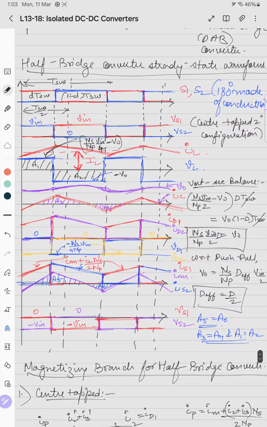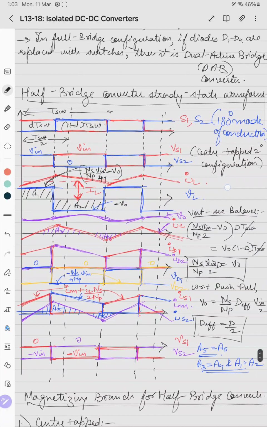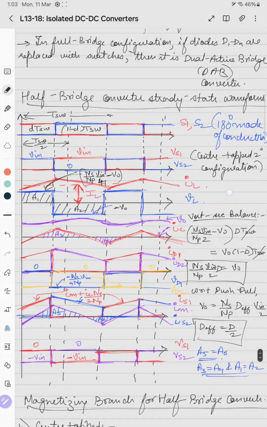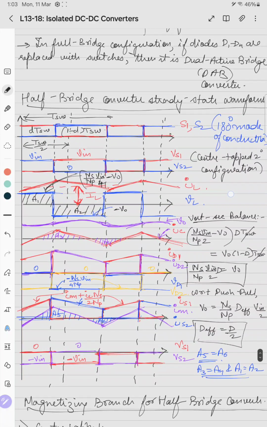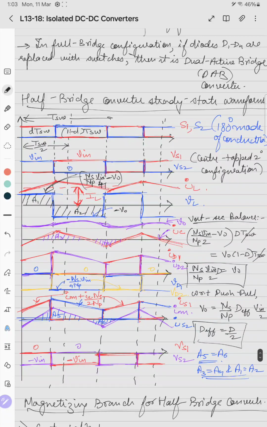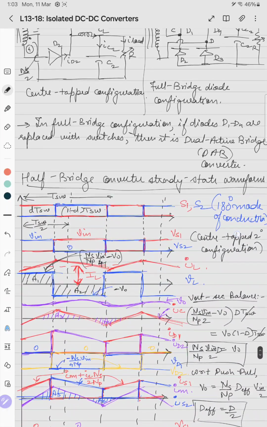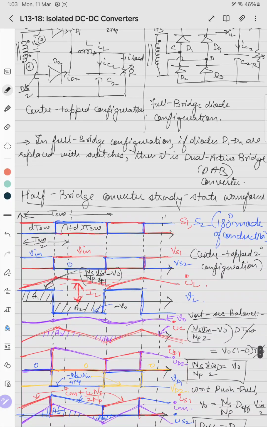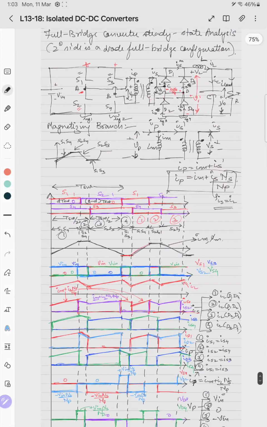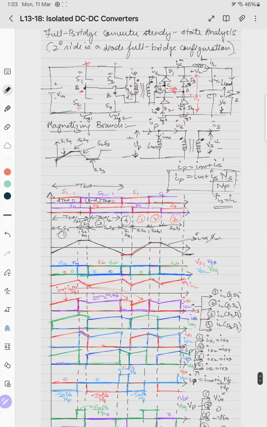So I think this should continue till T switching by 2. So okay, this was the analysis of the half bridge and full bridge converter.